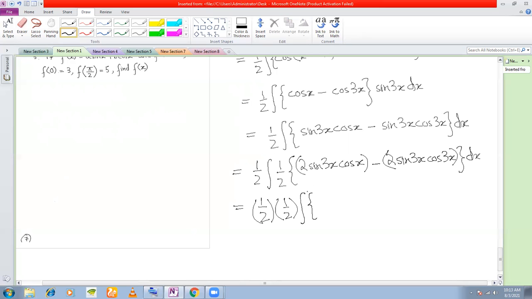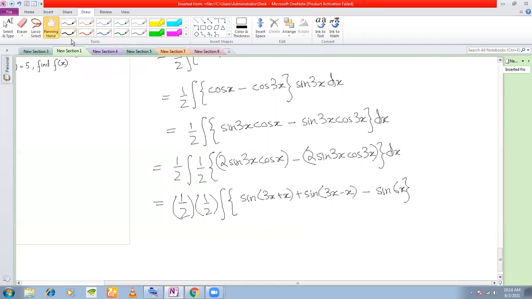This is the 2 sine A cos B formula, which is sine A plus B plus sine A minus B. And minus, now 2 sine 3x cos 3x from the multiple angle formula, you have this as sine twice of 3x, which is 6x.